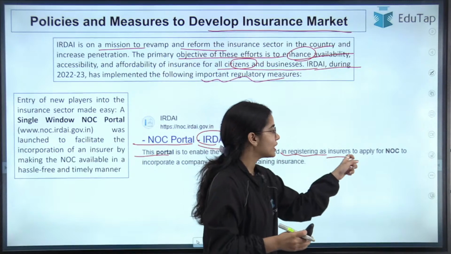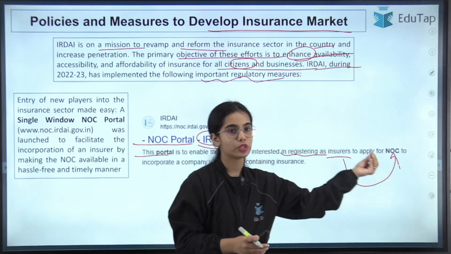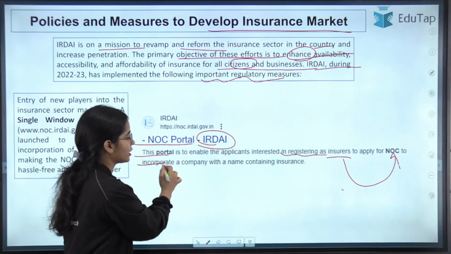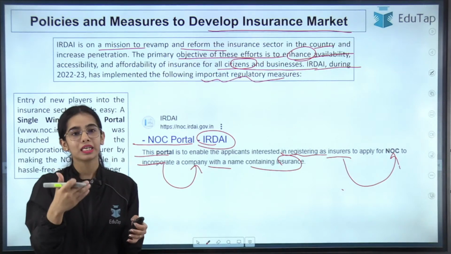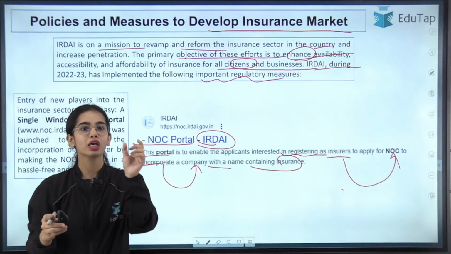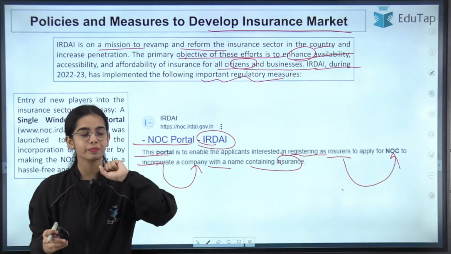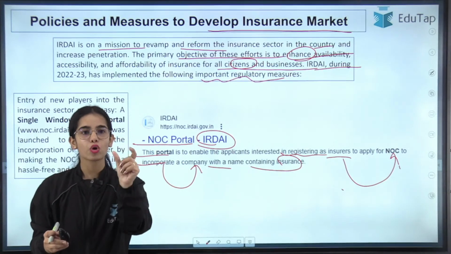So they can apply for the no objection certificate. They can apply for the NOC to incorporate a company with a name containing insurance. So general insurance company, life insurance company, NIACL. So all the insurance companies have insurance in their name. Okay. So Star Health Insurance. So they have insurance in their name.